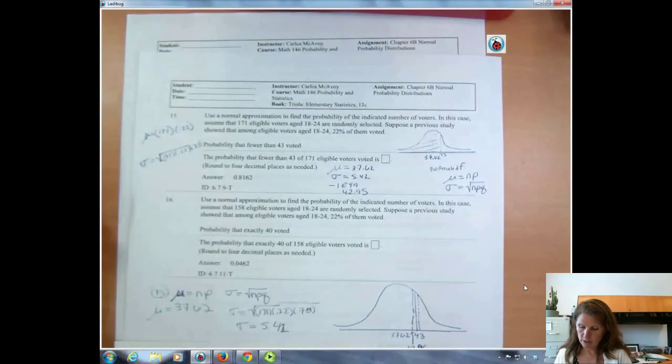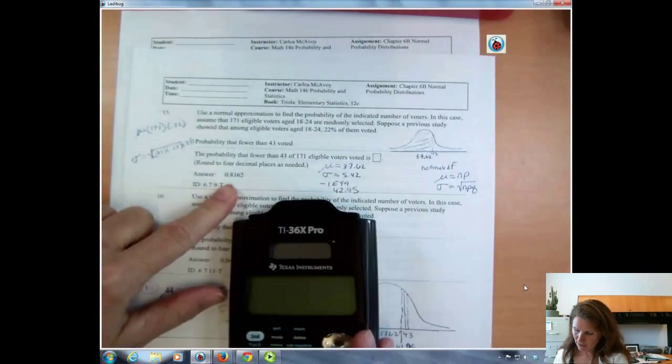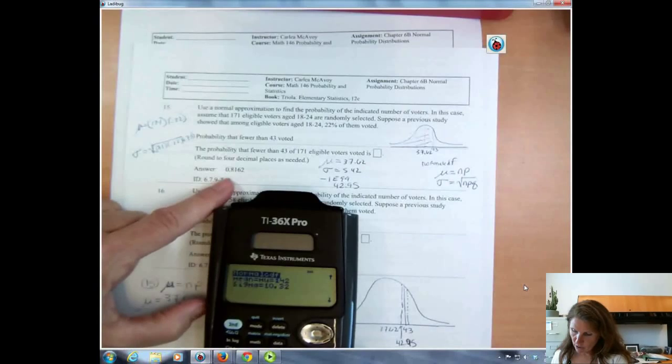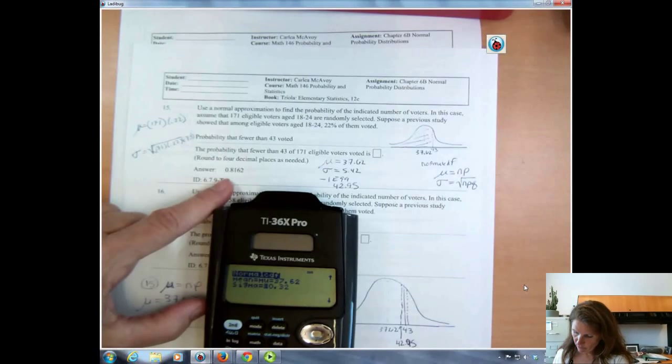All right, and let's see what we get there if we match that. Sometimes the technology, using different computers, will get a little bit off, but it should be close. So our mean is going to be 37.62. Our standard deviation, 5.42. We have a lower bound of negative infinity. An upper bound, I'm doing 42.95.